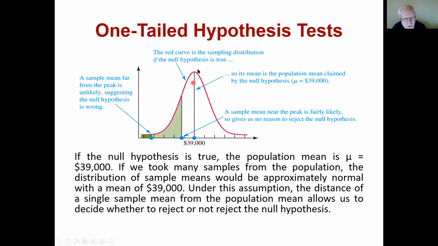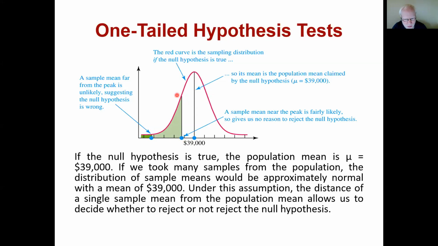So here's our mean. The red curve is a sampling distribution. Here's a sample mean near the peak. It's fairly likely, so it gives us no reason to reject the null hypothesis, right? Look at how much of the probability is still under here.